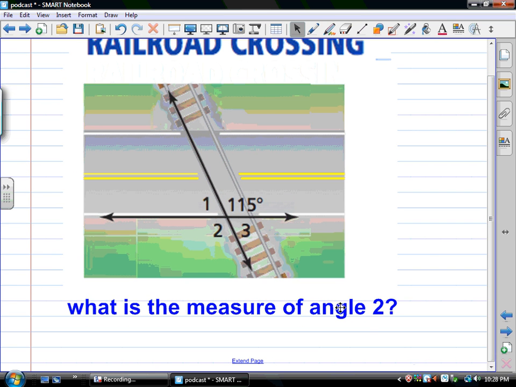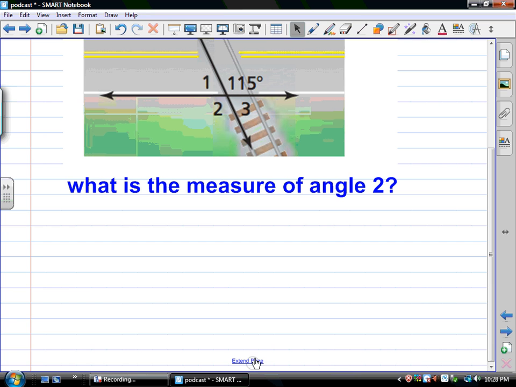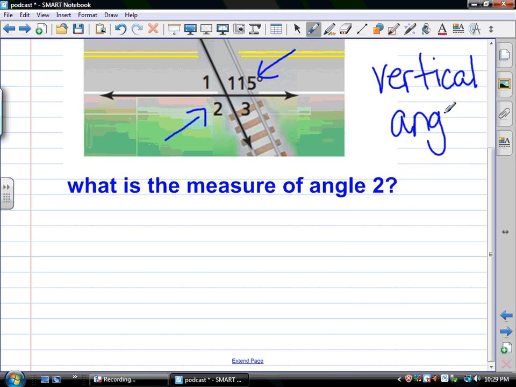What is the measure of angle 2? Easy pleasy, as easy as the Cubs lose. By definition, I have intersecting lines. Intersecting lines form vertical angles. Vertical angles are across from each other.